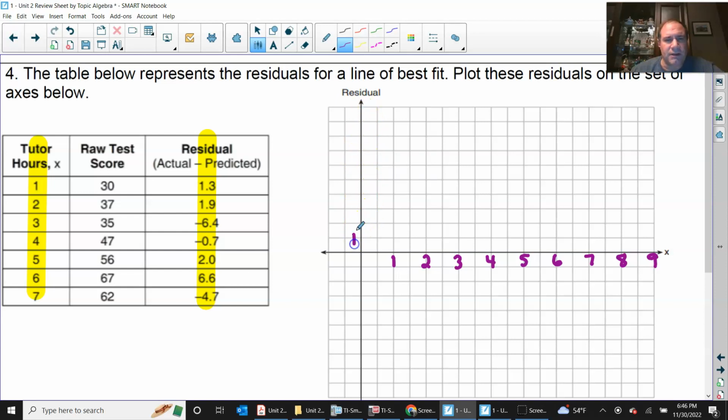So I'm just going to go 1 through 10. And then I'm going to go negative 1, negative 2, negative 3, negative 4, and all the way down to negative 10.